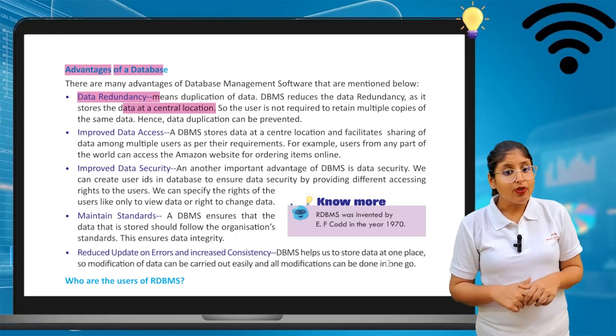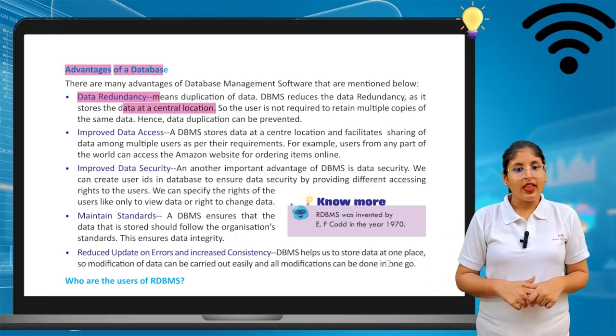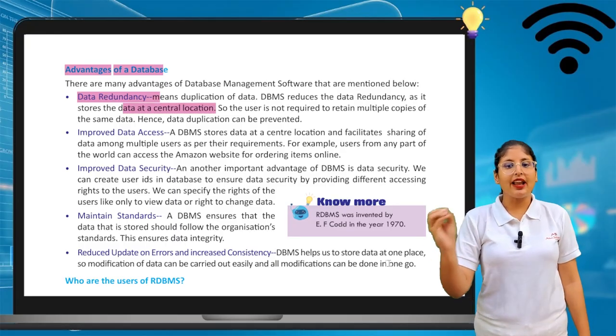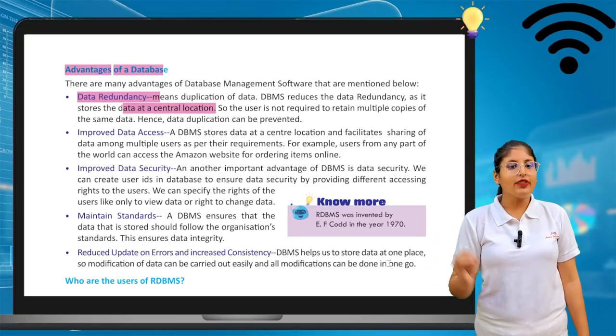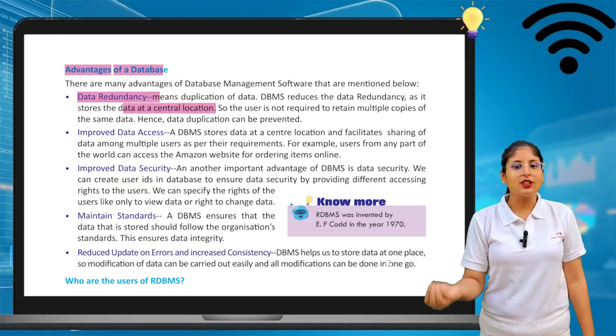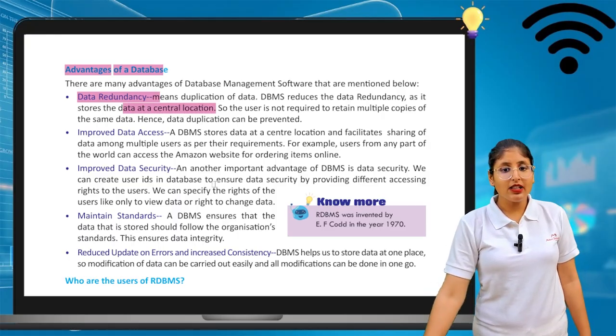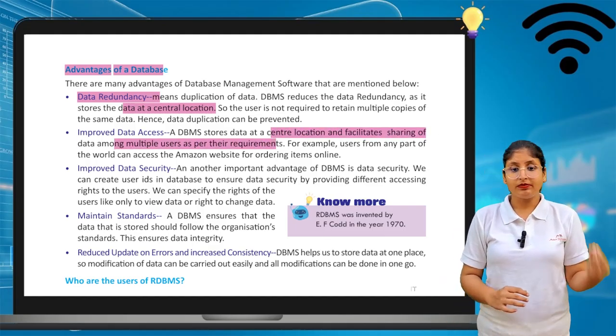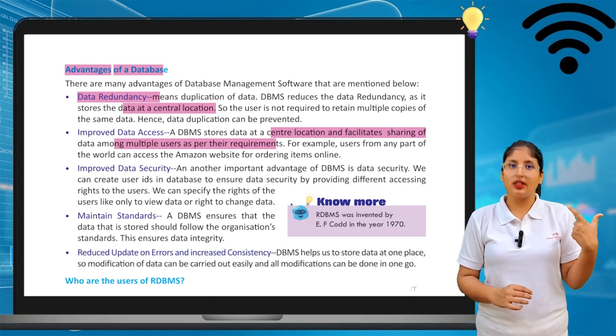Next, improved data access also. A DBMS stores data at a central location and facilitates sharing of data among multiple users as per the requirement. So in a DBMS, we can say a central location is there, and we can share the data with multiple users.